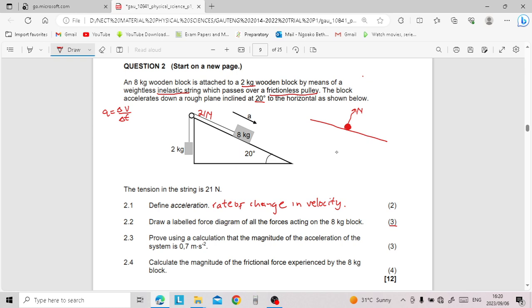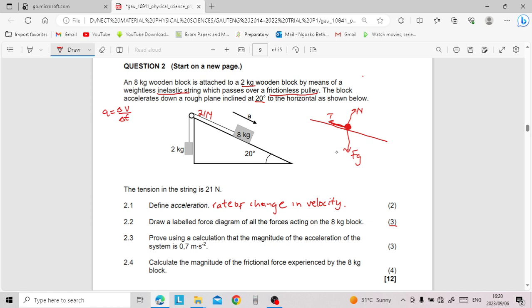Then we have a tension that is acting parallel to the surface, and then we have the force of gravity. That's what we have.